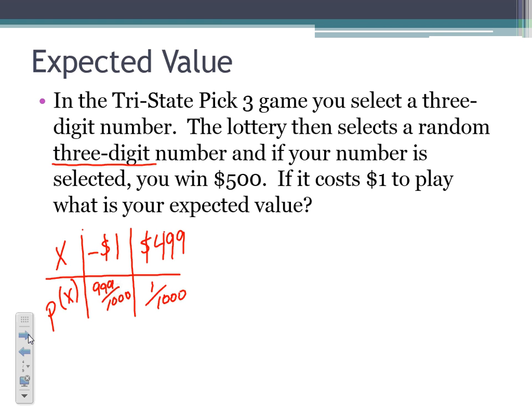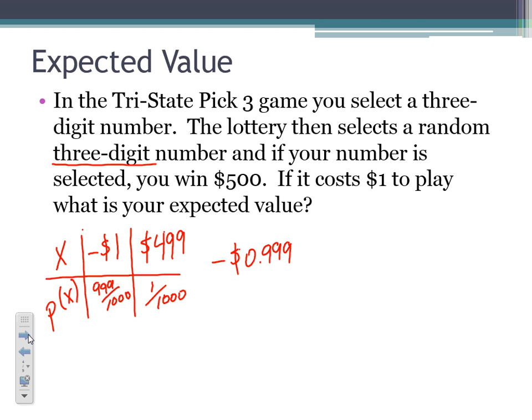So now, according to the expected value or the mean of a probability distribution, all we're going to do is simply multiply the x value by its corresponding probability, and then we'll add them together. So a -1 times 999 out of 1,000 would be a negative 0.999.